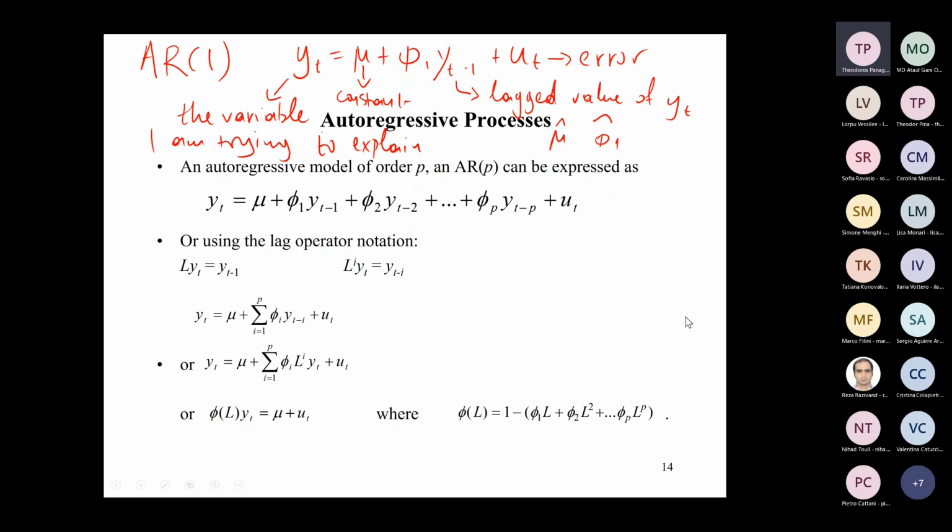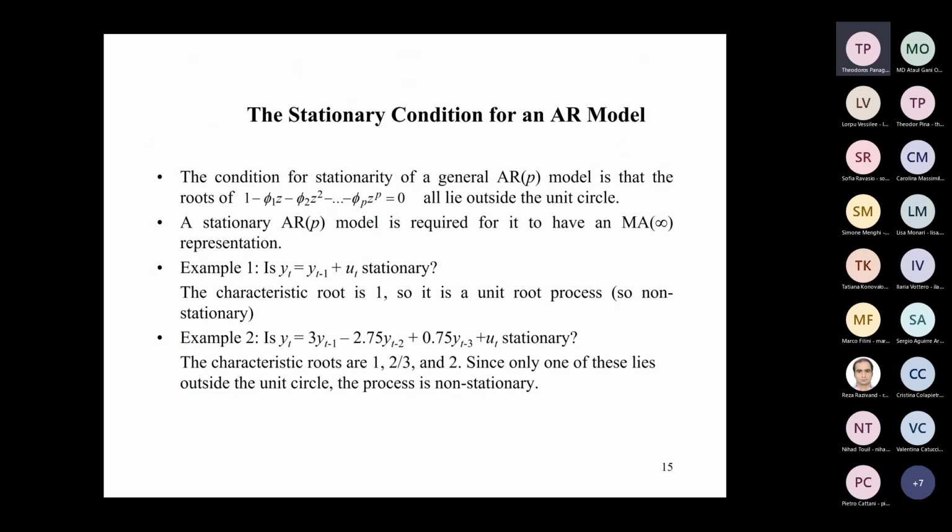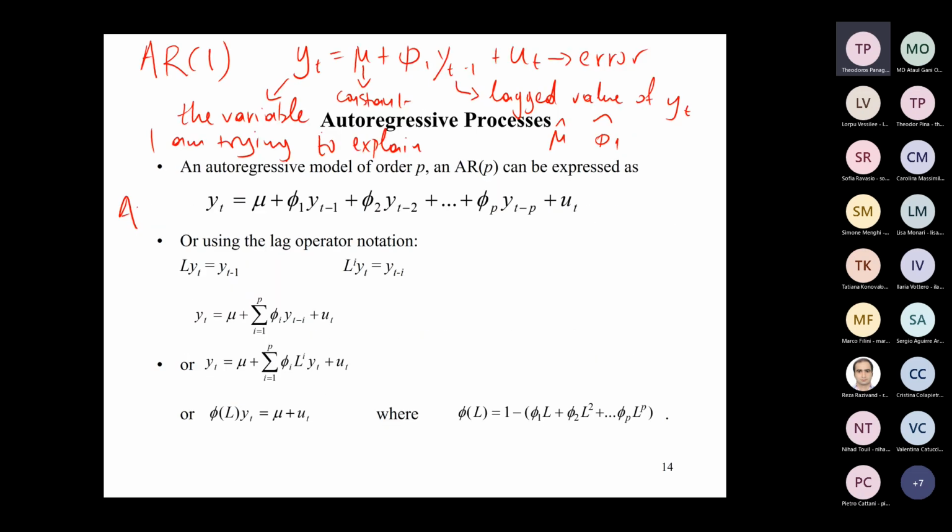Now, obviously, we can have an autoregressive process with two lags.